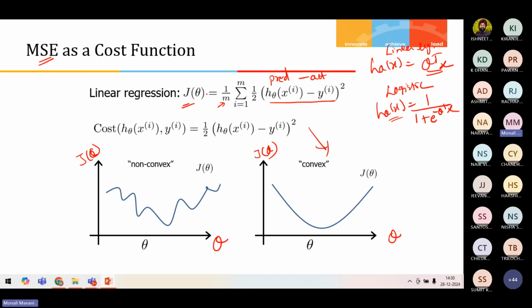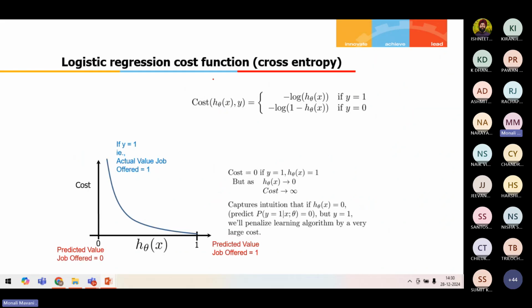So we will not use mean square error as the cost function, but we will use something called a cross entropy cost function. All binary classification problems use a cross entropy function, not just logistic regression.